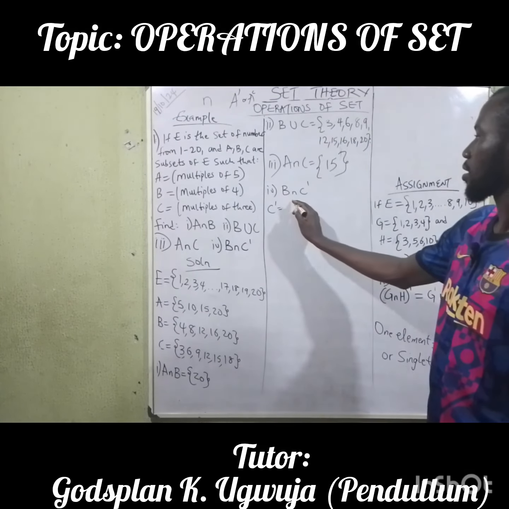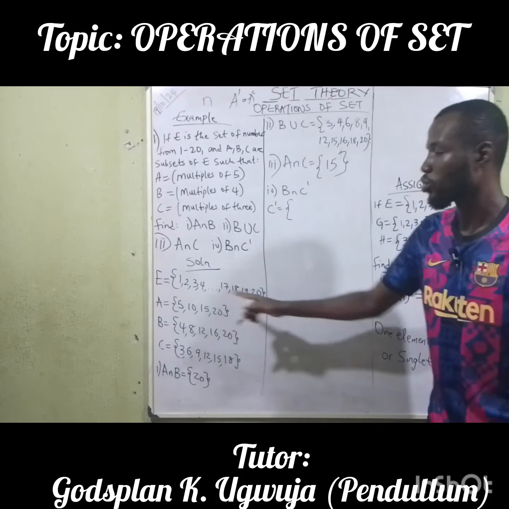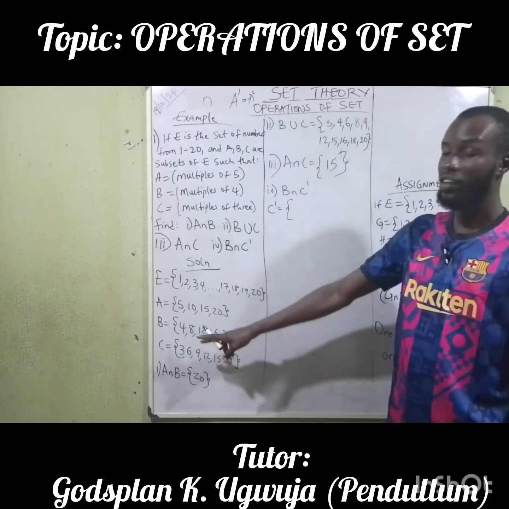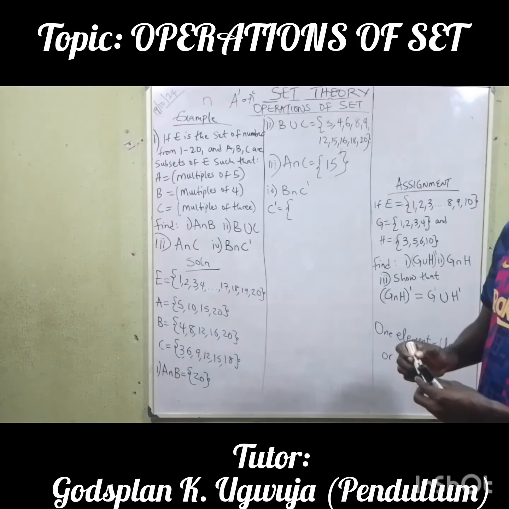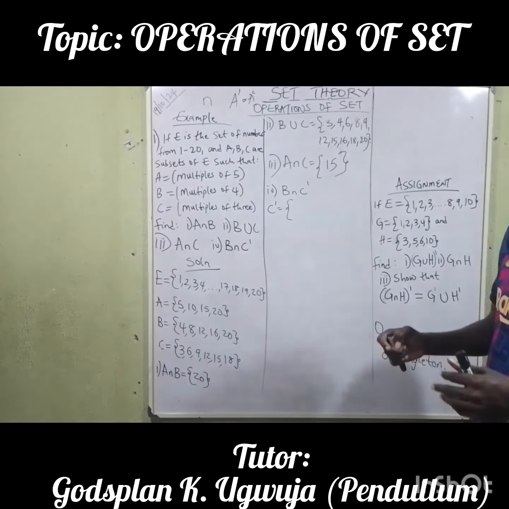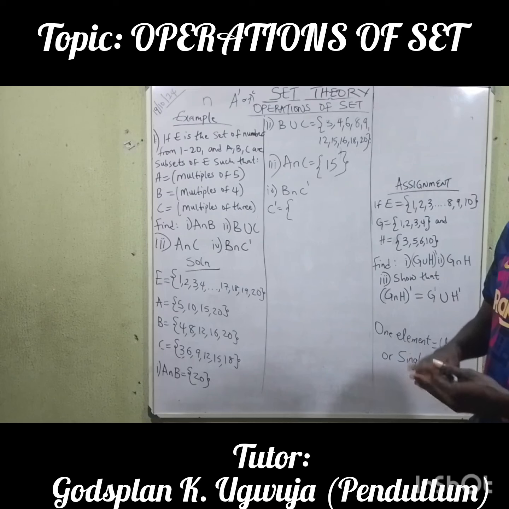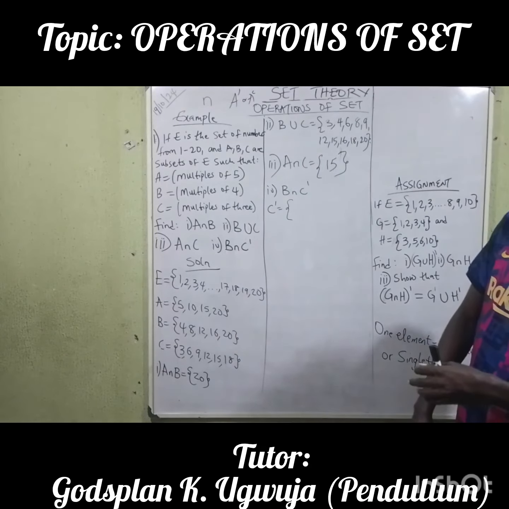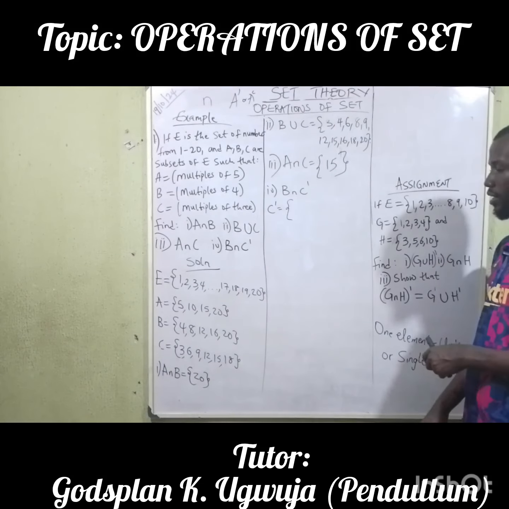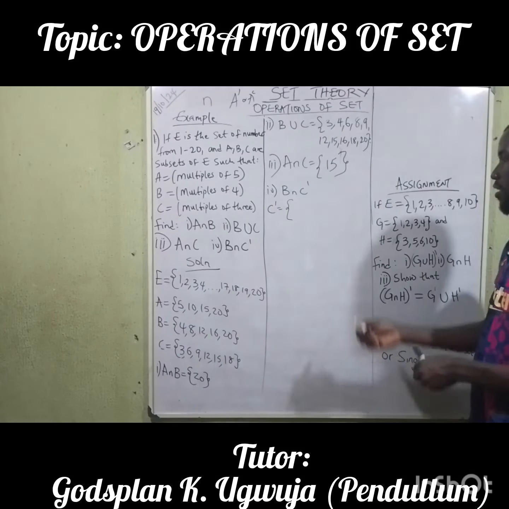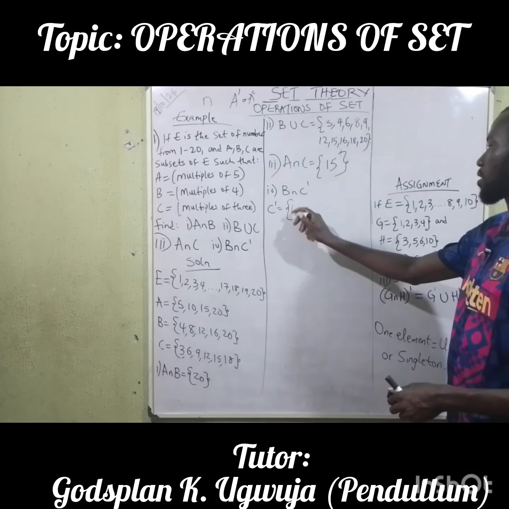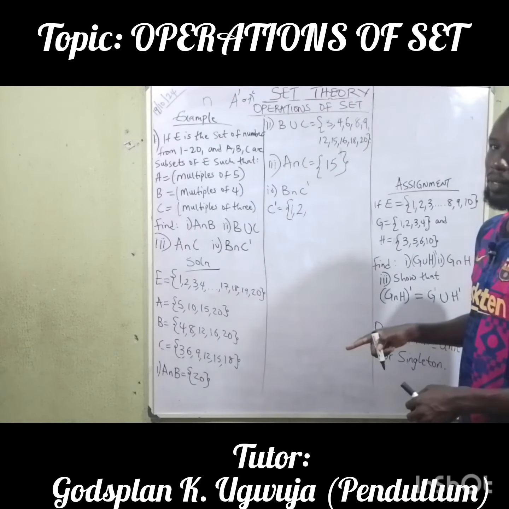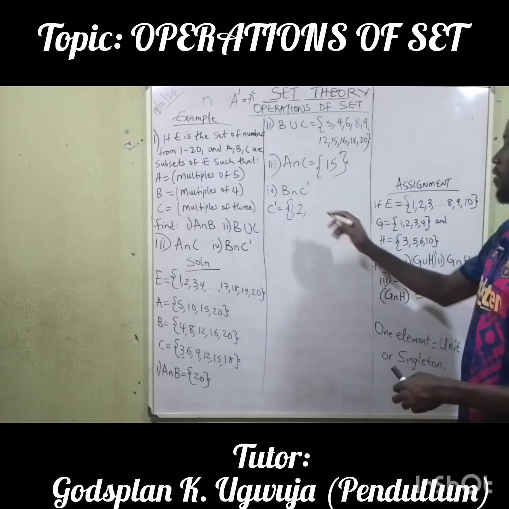Now, our universal set is from 1 to 20. So if we remove everything in C, if we remove 3, 6, 9, 12, 15, and 18, which are elements of C, what are we going to be left with? We'll be left with 1, 2. Now 3 is an element of C, so we are removing 3.